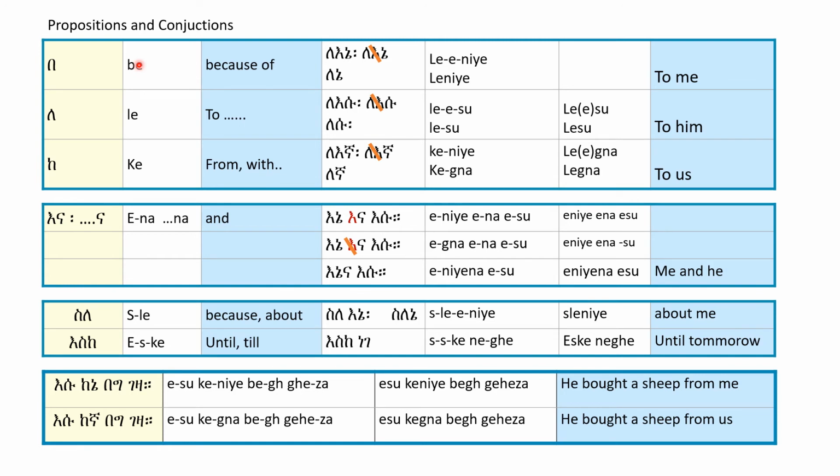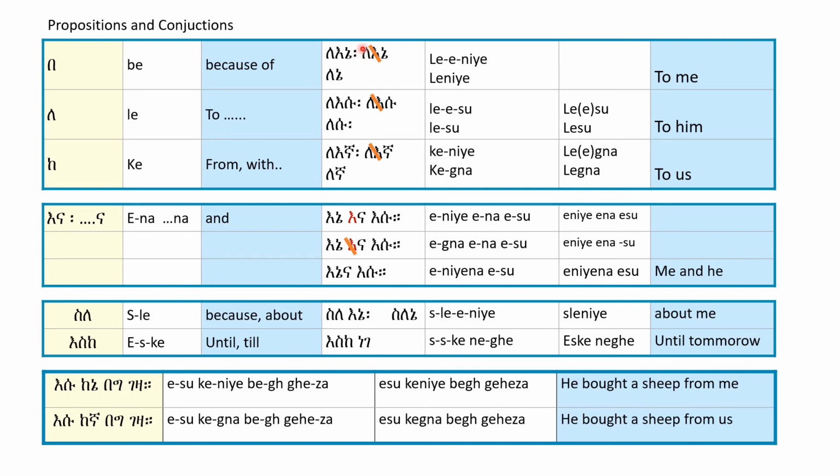Mostly if we must write a preposition or conjunction to personal pronouns, the first letter E of the pronouns will be cancelled. Now let us take as example the conjunction le. Le, ene.